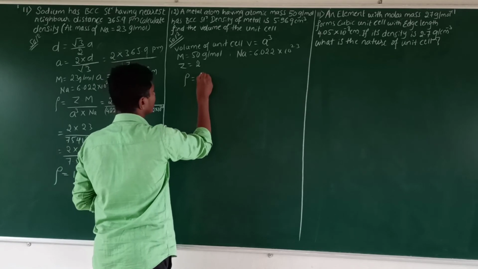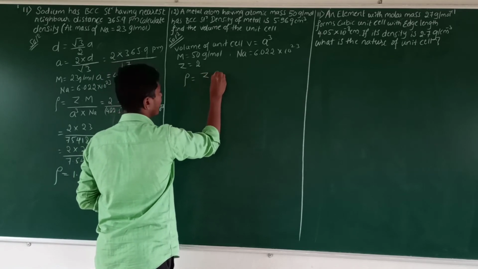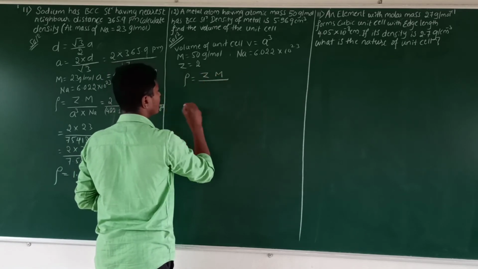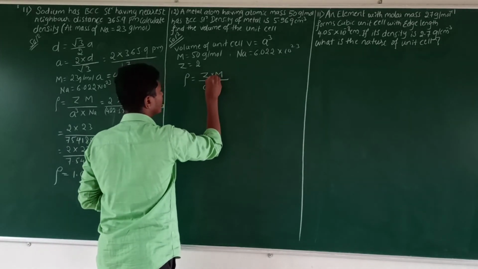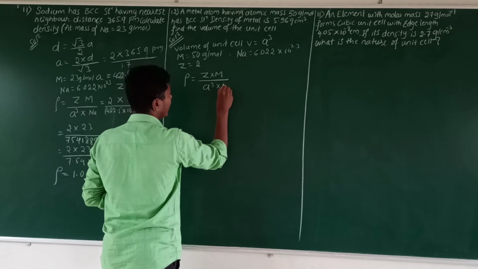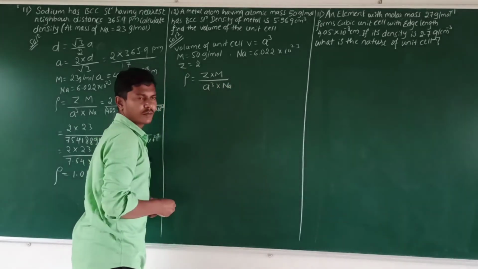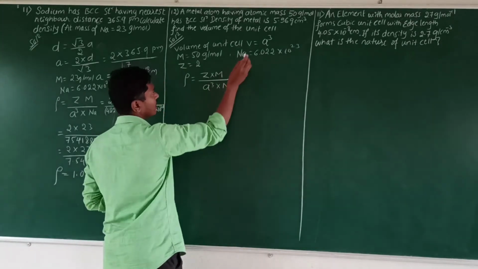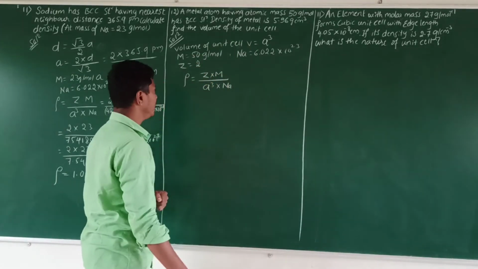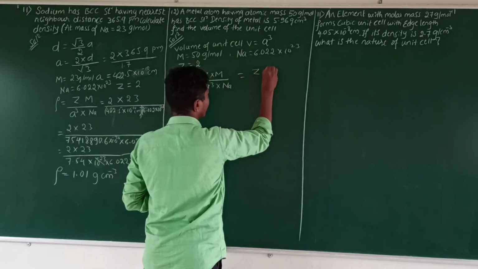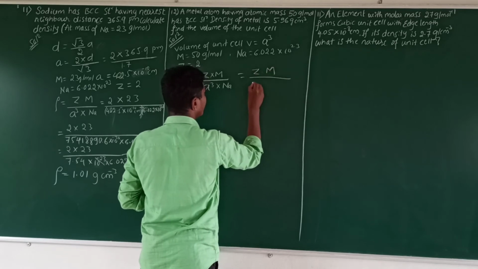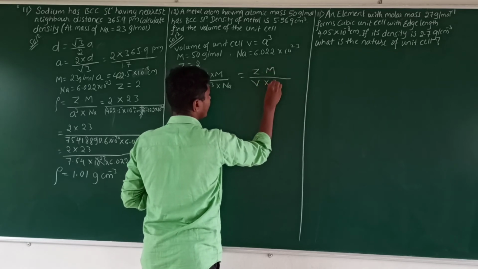Density is equal to Z into M divided by a cube into NA. But in case of a cube, we have to write a V here. This implies V is equal to Z into M divided by density into NA.